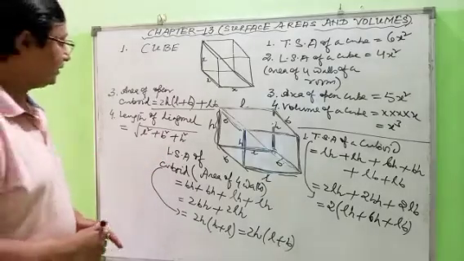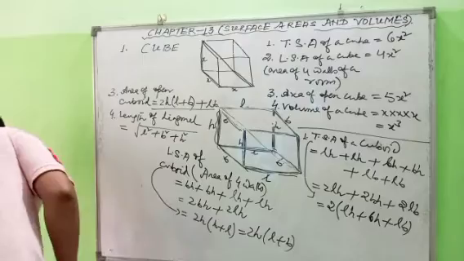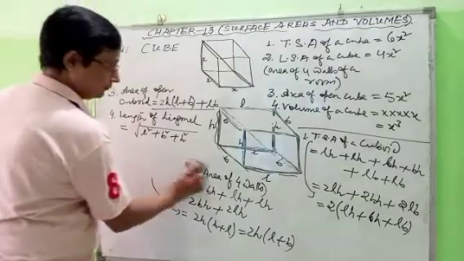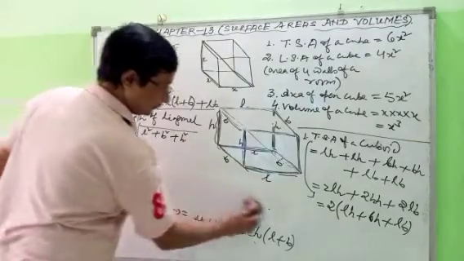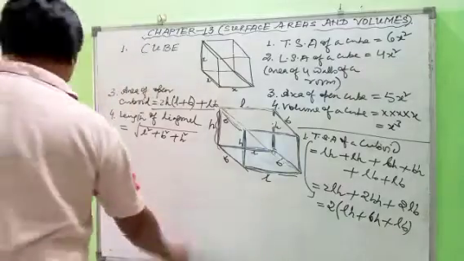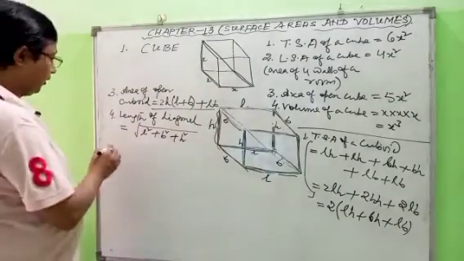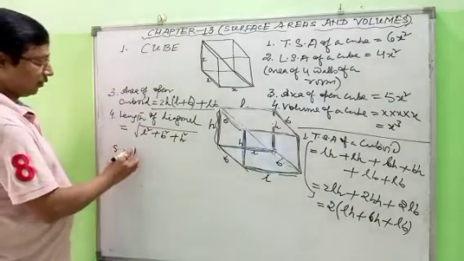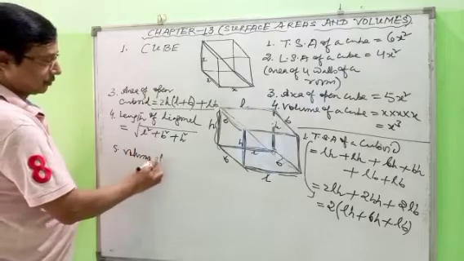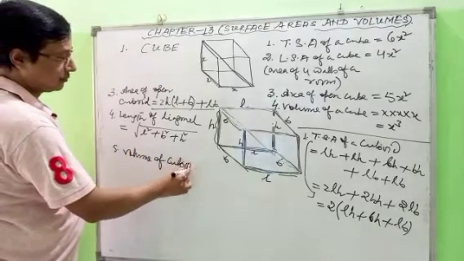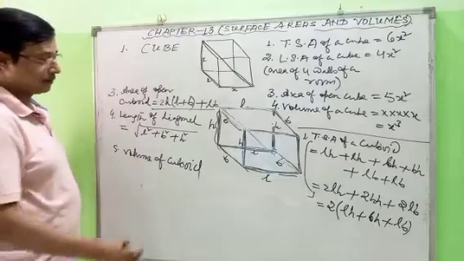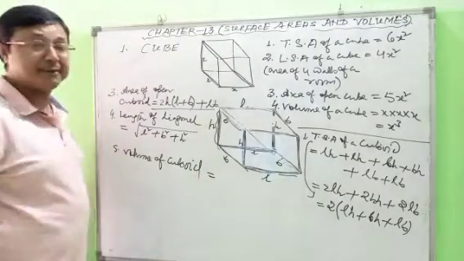Then now the volume. So the volume of cuboid. So here the dimension is 3.